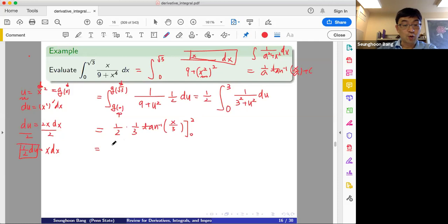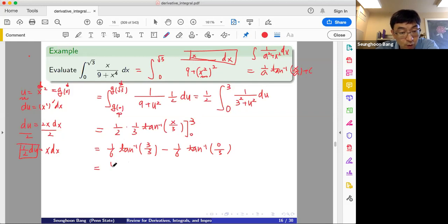So we have 1 over 6, plug in 3, not 2, inverse tangent of 3 over 3, minus 1 over 6 inverse tangent of 0 over 3. This is the same as 1 over 6 inverse tangent of 1 minus 1 over 6 times inverse tangent of 0.